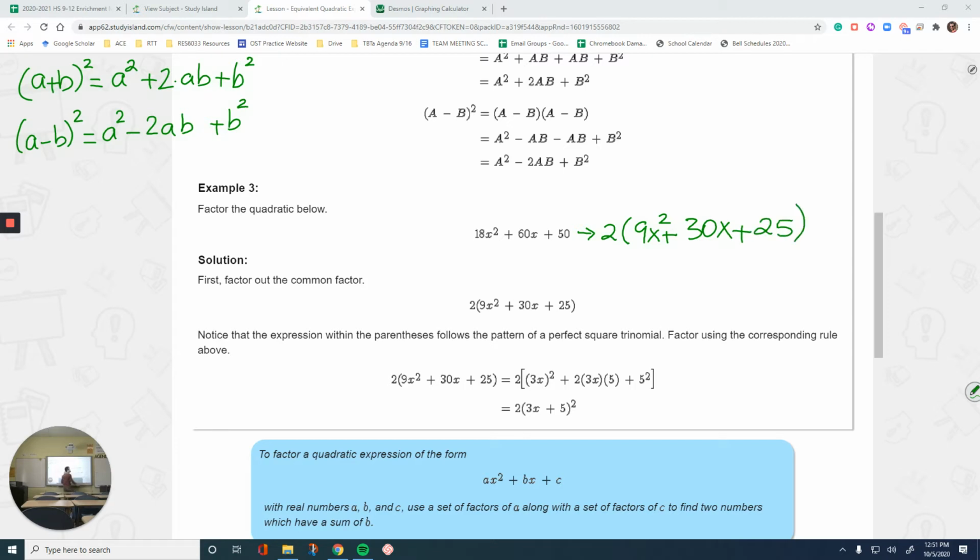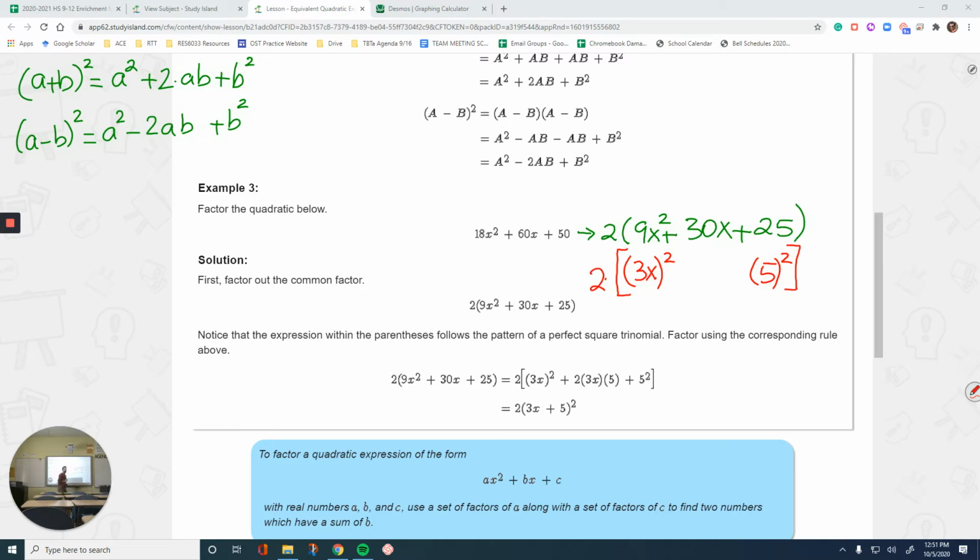Now I factored the 2 out of these three terms because they are all divisible by 2. Now this right here is 3x and then square the whole thing. This right here is 5 squared, right? And then I have the parentheses around here. Let's just bring them down as brackets. And then in front of everything I have that 2.